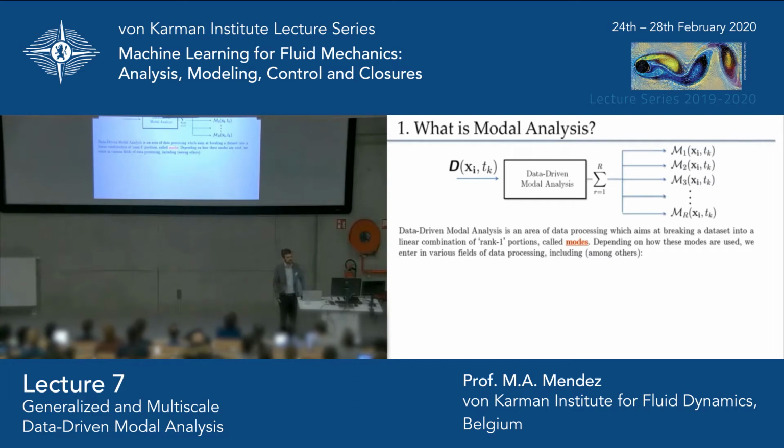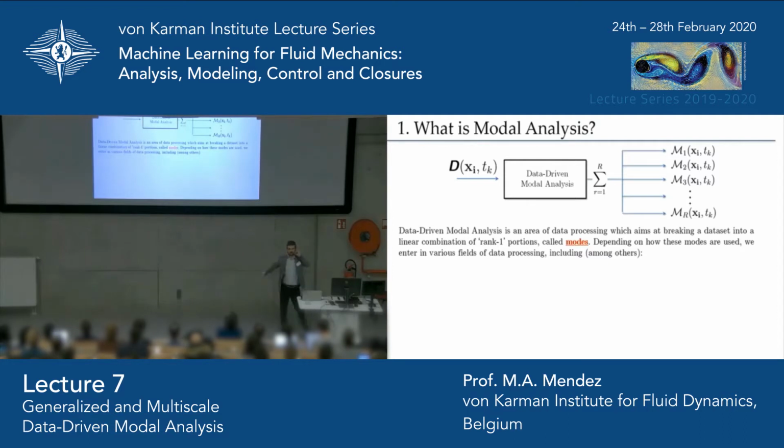Yes? N1, so this would be A1, U1, right? So your M1 would be the coefficient A1 of t. Yeah. So it's a rank 1 version of your data. It is a complete version of the data. Could be anything, yes.